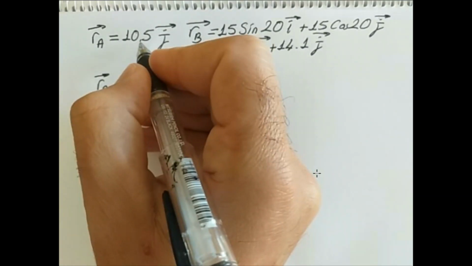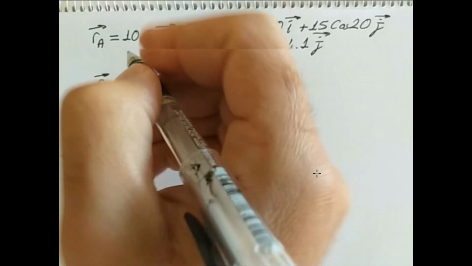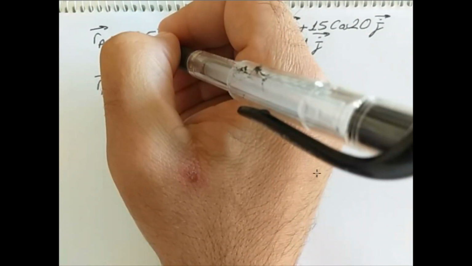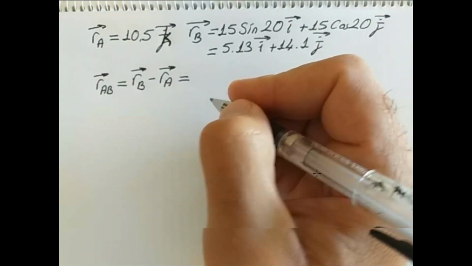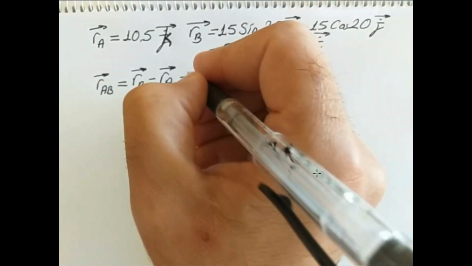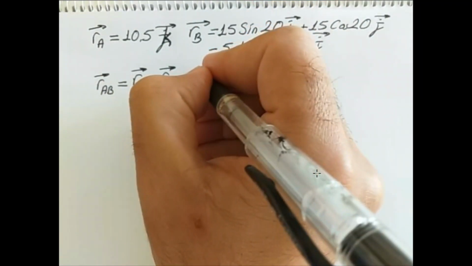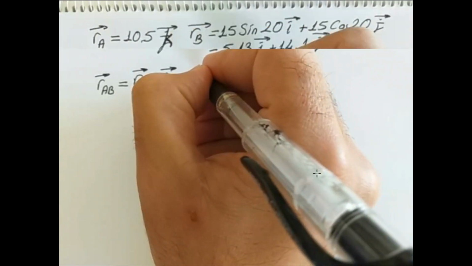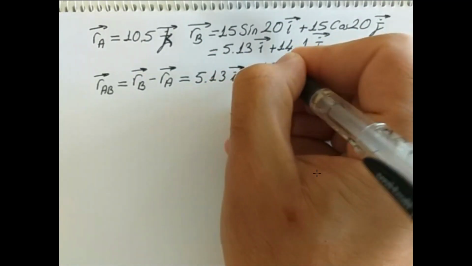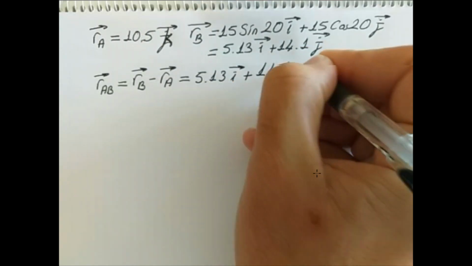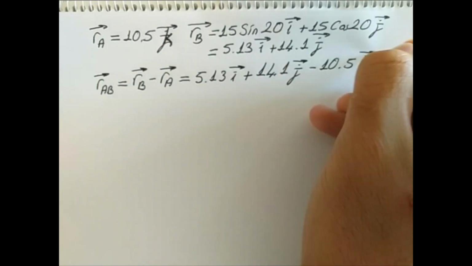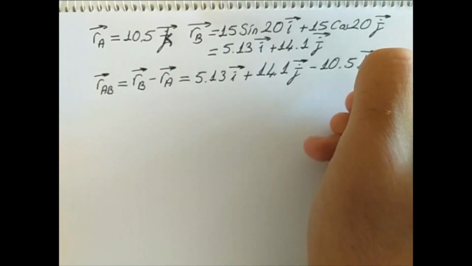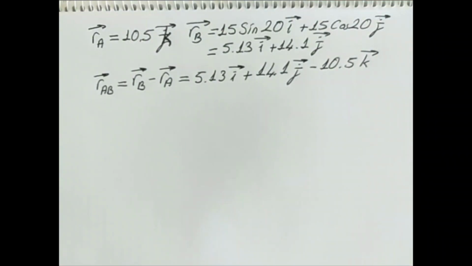Okay, so RBA is equal to 5.13 I vector plus 14.1 J vector minus 10.5 K vector. Okay, now let me calculate the magnitude of this vector, RAB.